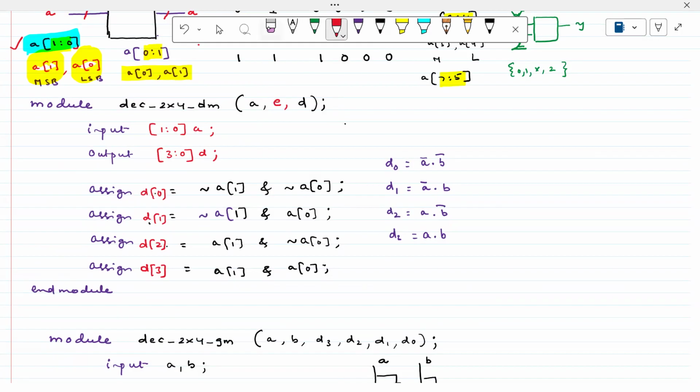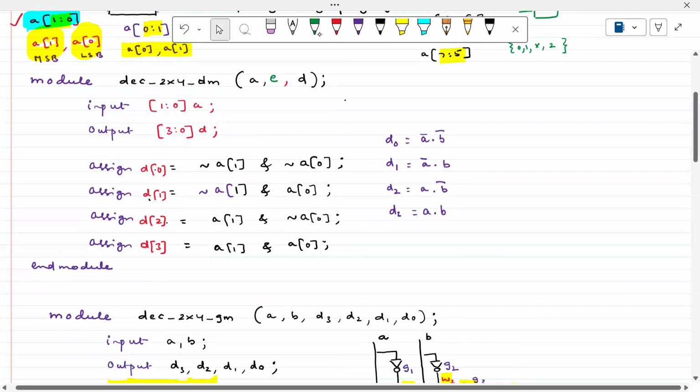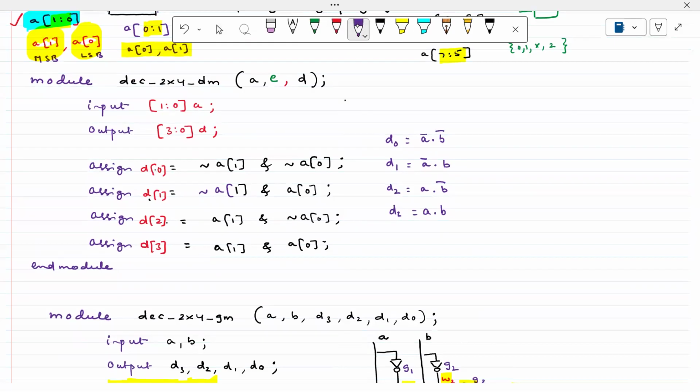I'm going to use another color, but we write E also. Now we write another input here. Can I write it at this place? Yes, because after the semicolon, it's a new statement. Input E.